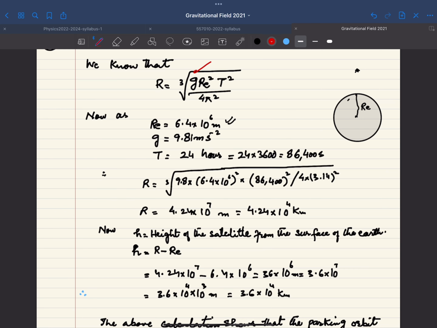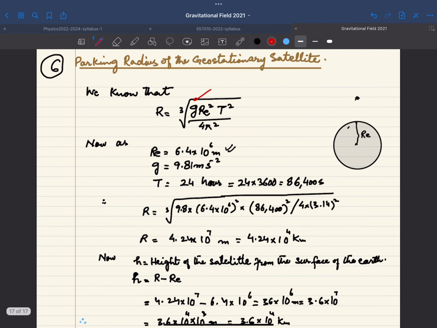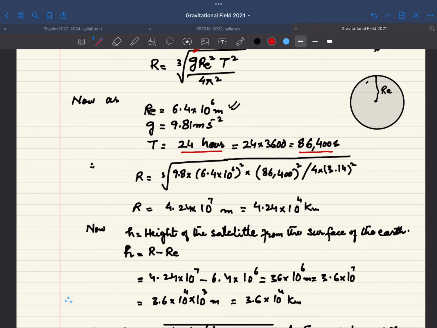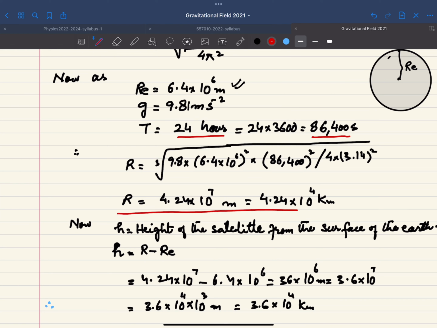And then you have the time period, and you know that for a geostationary satellite the time period is 24 hours. So if you change this into seconds, you will get 86,400 seconds. And by using all these values, you will get this distance, and this distance is 4.24 into 10 to the power 4 kilometer.